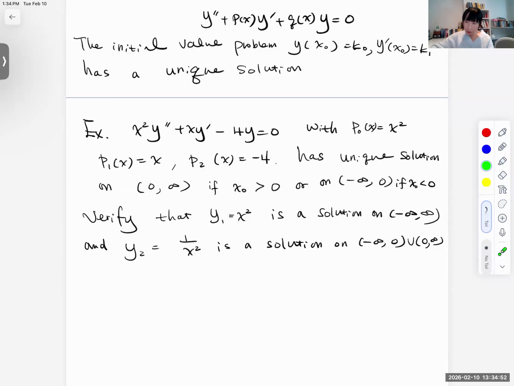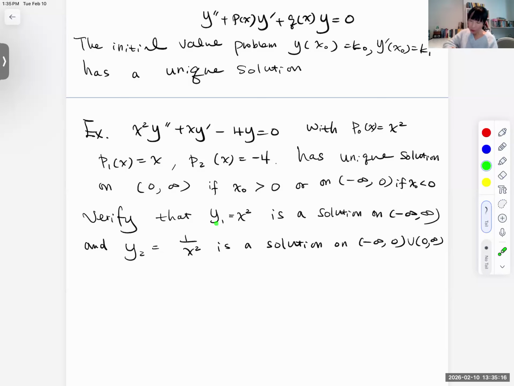Okay, so we have p sub 0, which is x squared, and then p sub 1, which is x here, and p sub 2, which is negative 4, in the polynomials indicated, right? And there is no initial value here.